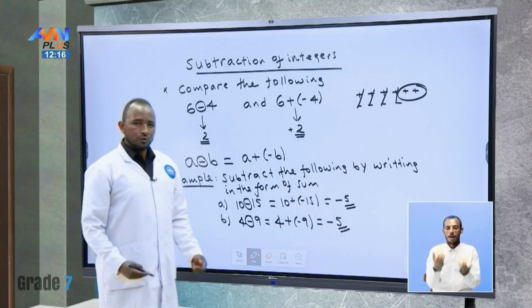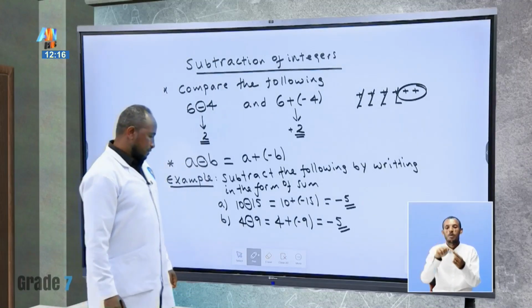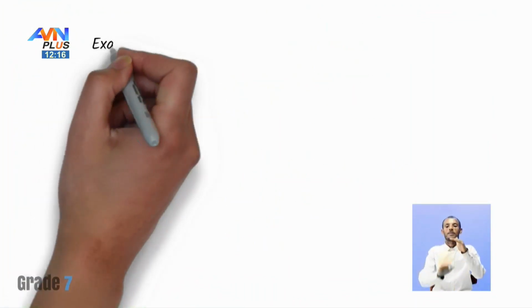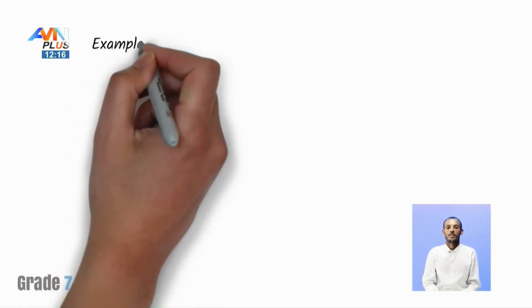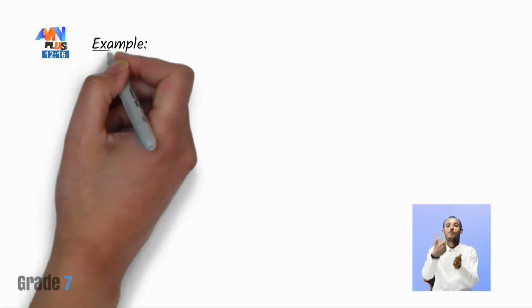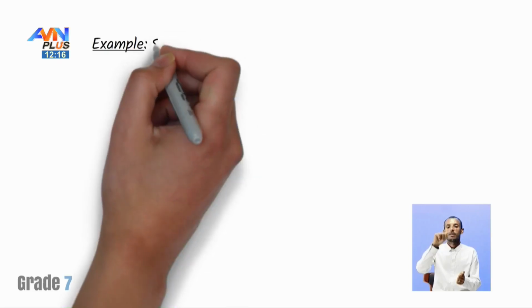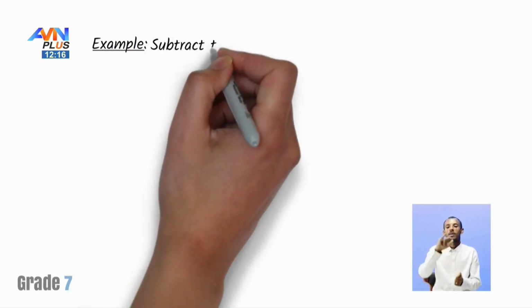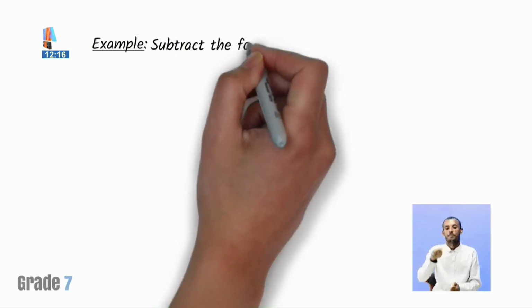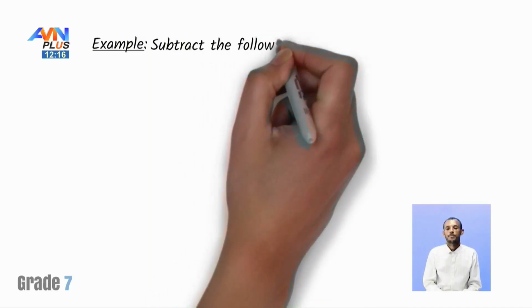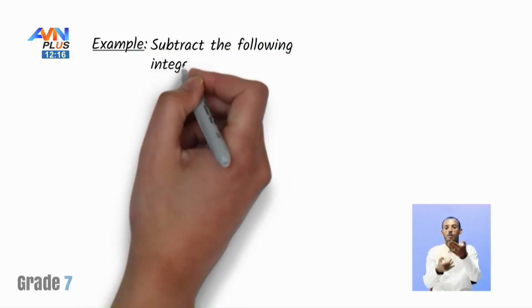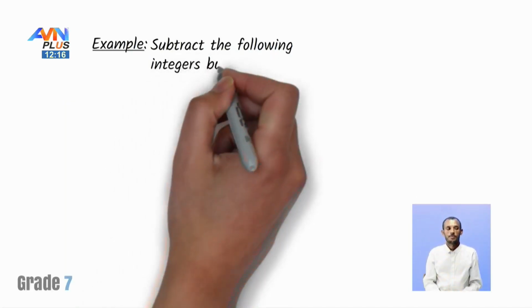Now, let's continue to other examples. Example: subtract the following integers by writing in the form of sum.